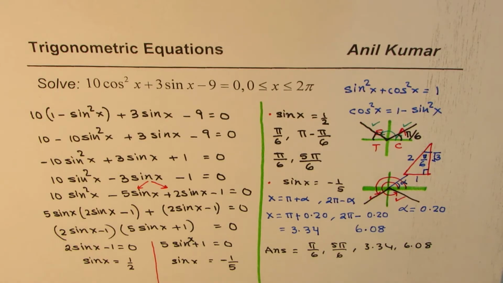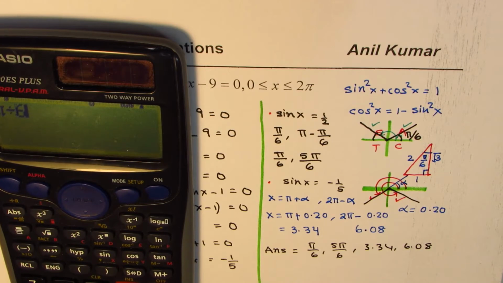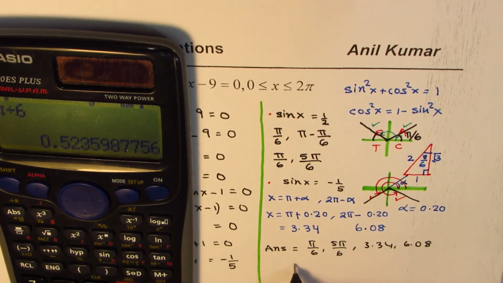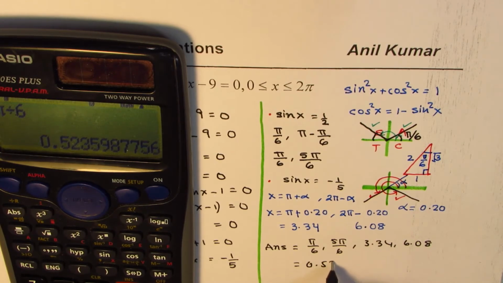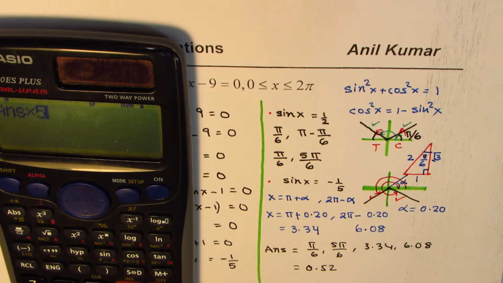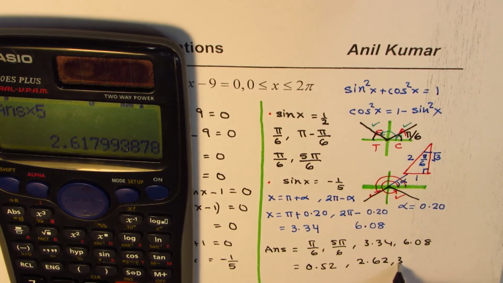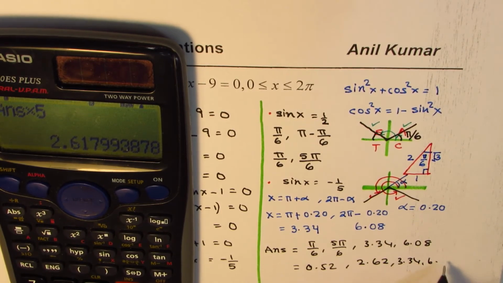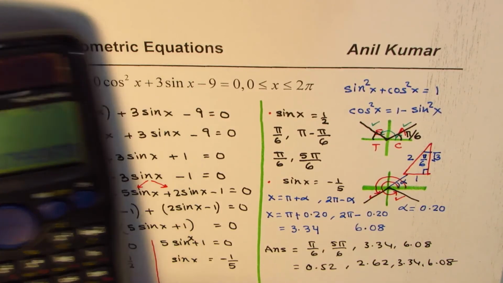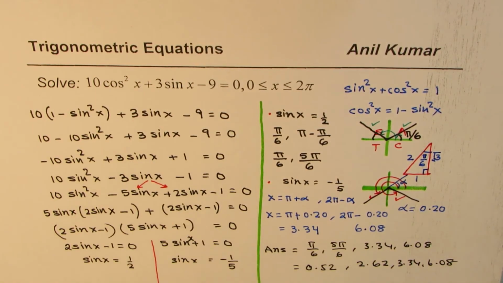Let me redo this. Pi divided by 6 in decimals, you could write this as 0.52, right? And if I multiply this by 5, I get in decimals 2.62, then 3.34 and 6.08 as 4 different answers in radians for the given equation.